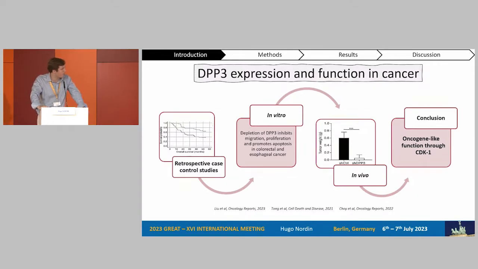Furthermore, they did in vivo models, and when suppressing the DPP3 expression, the tumor almost didn't grow at all in the mice injected with the tumor, and the mice survived more. So the conclusion of this slide is that DPP3 seems to be like an oncogene, and it functions through a cyclin-dependent kinase pathway.